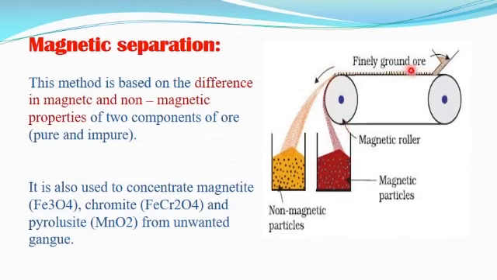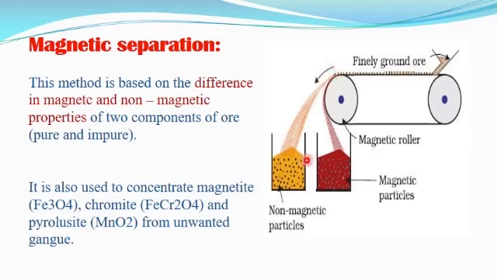So when you place the impure ore containing magnetic and non-magnetic material, sometimes the ore is magnetic or the impurity is magnetic. When you place this impure ore on the conveyor belt, at the time of rotation, whichever of the two is magnetic will be attracted to the roller and form a heap near the magnetic roller, and the non-magnetic particles, either ore or impurities, form a heap away from the roller.